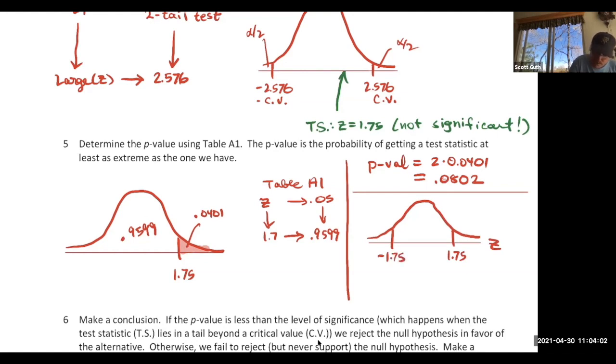The probability you're really doing is both of these tails together because you said it could go either way. How probable is that? Well, it's 0.0802 because each of those tails has the same area.